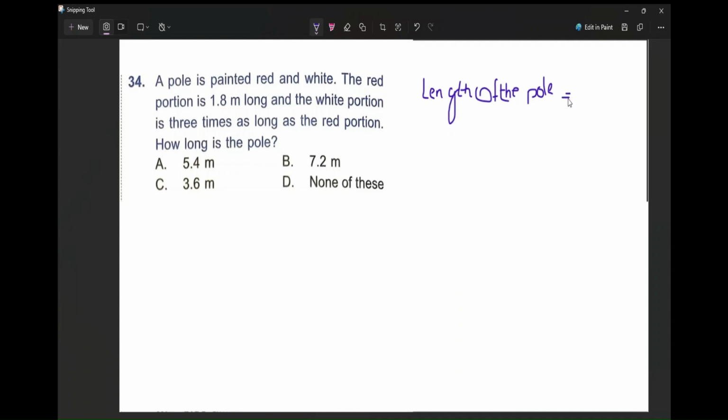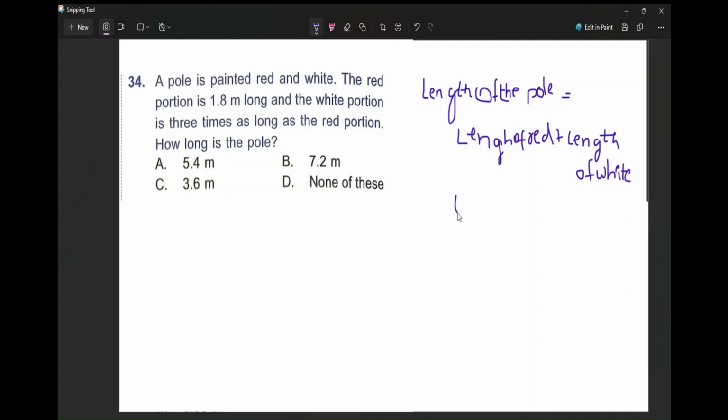Length of the pole is equal to length of red plus length of white portion, children. So what is the length of red portion first?